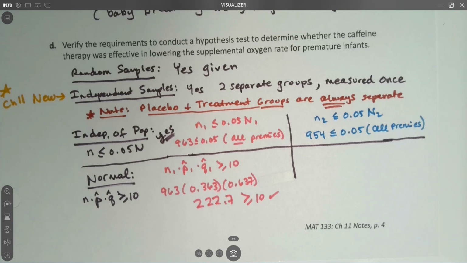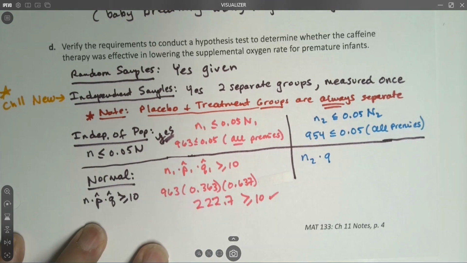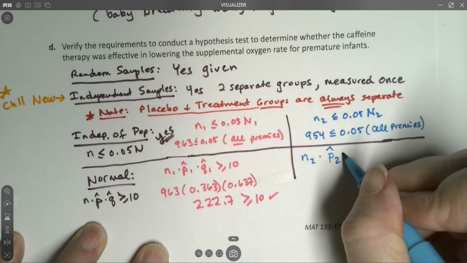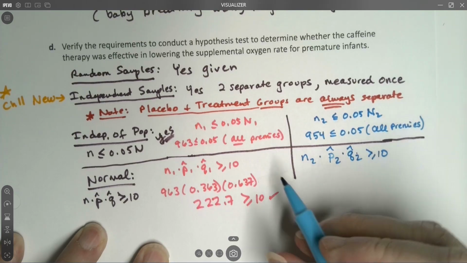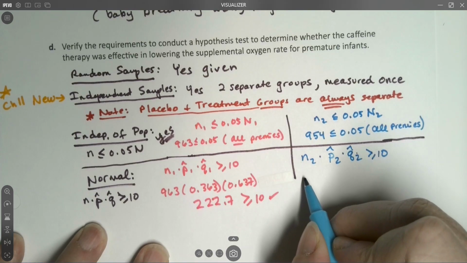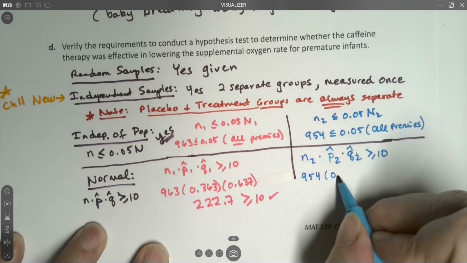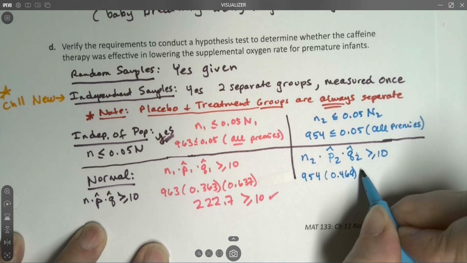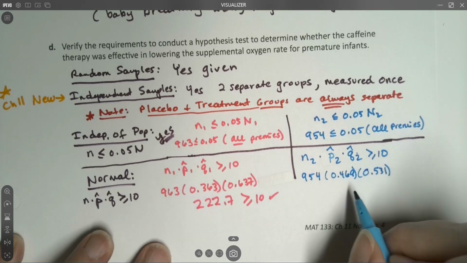Now we're going to have to do it again for group 2. We need n2 times p2 hat times q2 hat to be greater than or equal to 10. n2 was 954. p2 we found to be 0.469. q2 we already found to be 0.531. So we need to know what that number is.